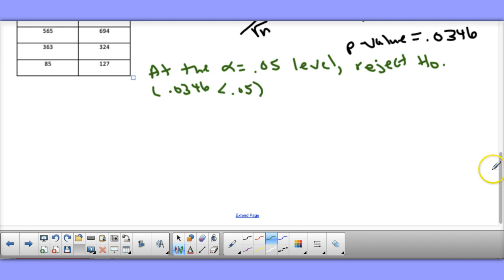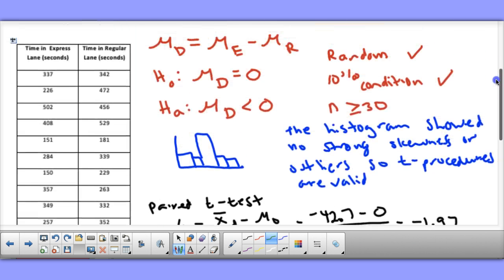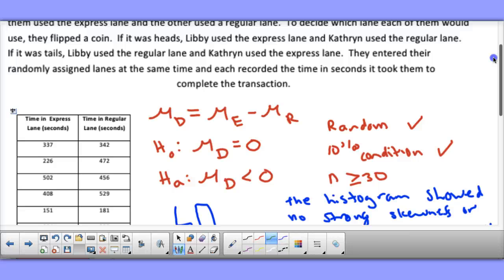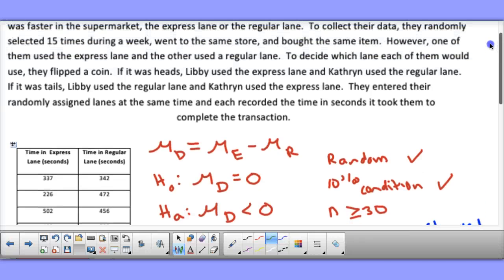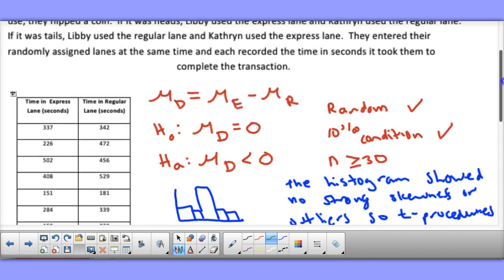So we have our conclusion in statistical terms, but what does it mean in non-statistical terms? What was our question? Well, we had to see if there was convincing evidence that the express lane is faster. They wanted to see if the express lane was faster. So do we have convincing evidence?